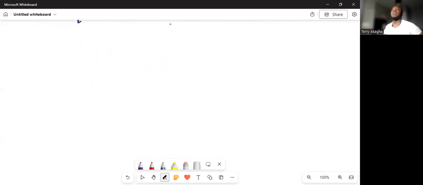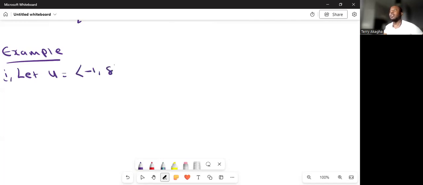All right. So maybe let's pick an example and that will become a little bit clearer. Let's say we have this example here. Number one, we're told let u be equal to (minus 1, 8). Find 5u. Like I always say, I prefer to write mine in column form.